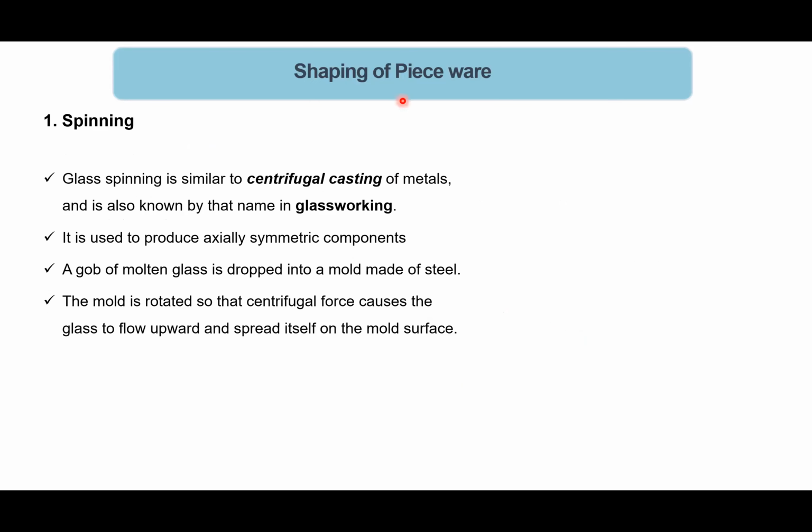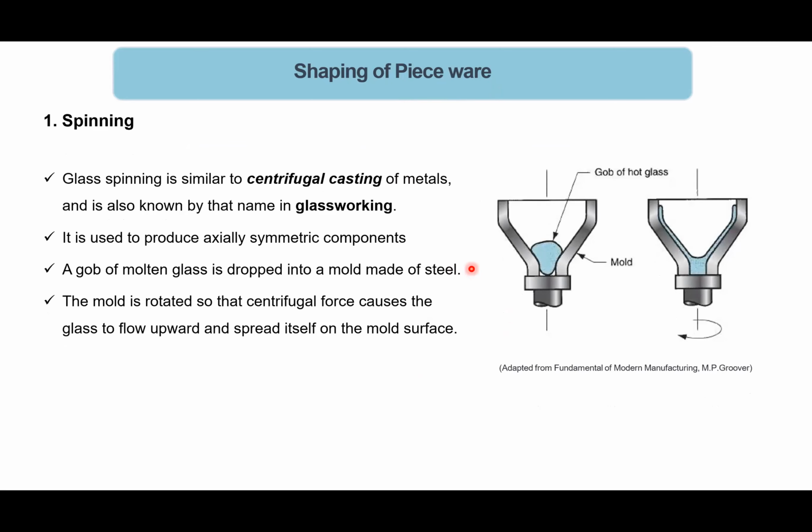Firstly, we'll talk about the shaping of piece ware, how to produce piece ware. The first process is called spinning. In the undergrad level manufacturing process course, we discussed the centrifugal casting process. This is exactly the same as the centrifugal casting process.